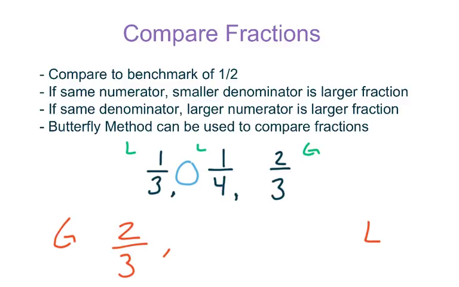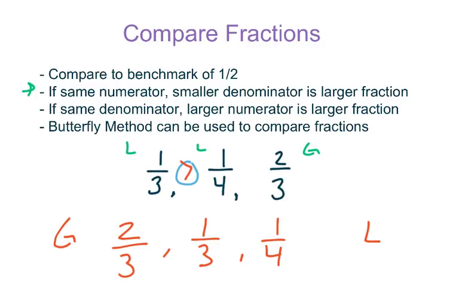They both have the same numerator, so I go back to my instruction about the same numerator. It tells me that if they have the same numerator, the smaller denominator is the larger fraction. So 1/3 is greater than 1/4. Ordering from greatest to least, I would list my 1/3, then my 1/4, and then I'm all done. That's all there is to it.